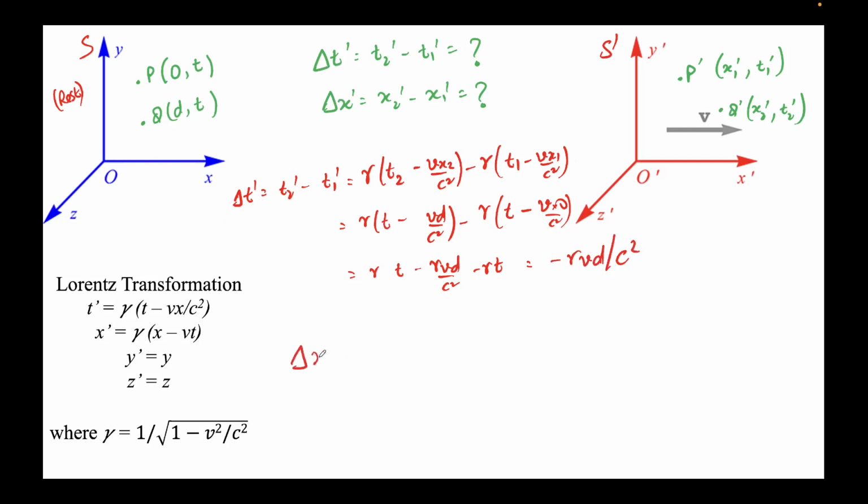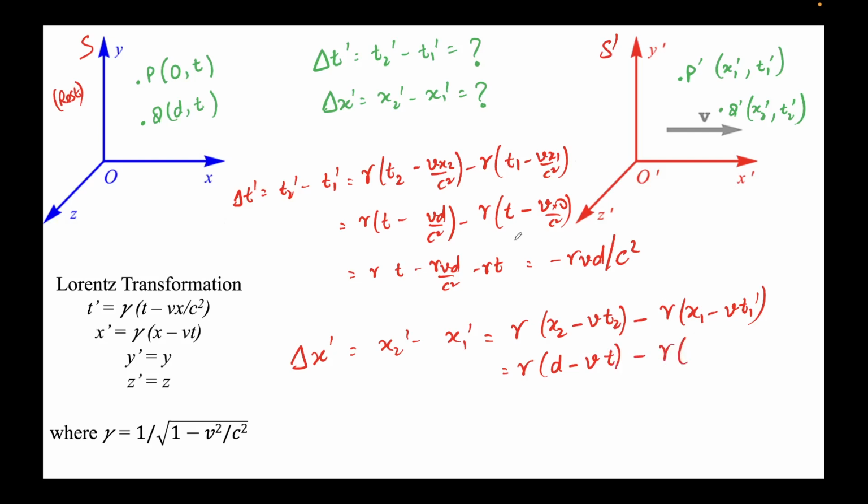Now again, very simple. Delta x prime is x2 prime minus x1 prime. x2 prime will be gamma times x2 minus v t2, and x1 prime would be gamma times x1 minus v t1. Let's put the value of x2, the x coordinate of event Q, which is d, minus v times t2, and the time coordinate is t, so v t.